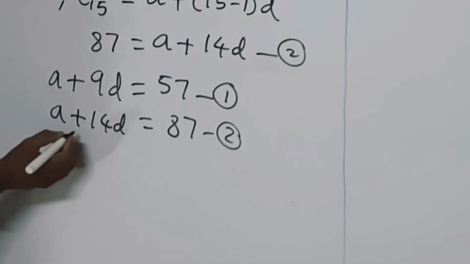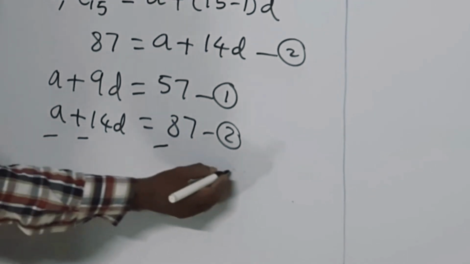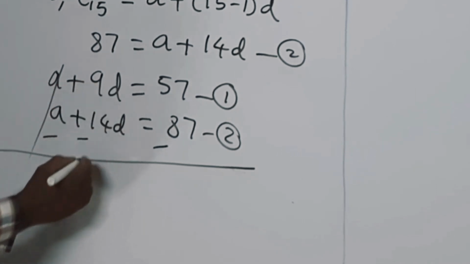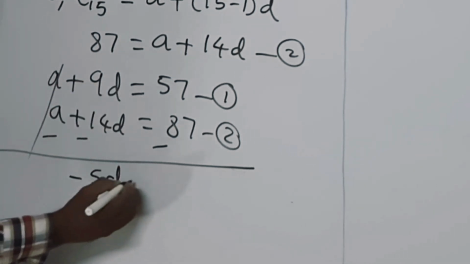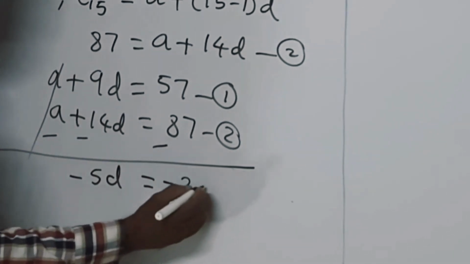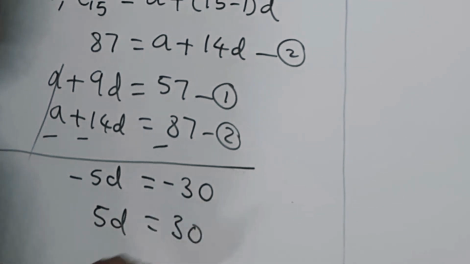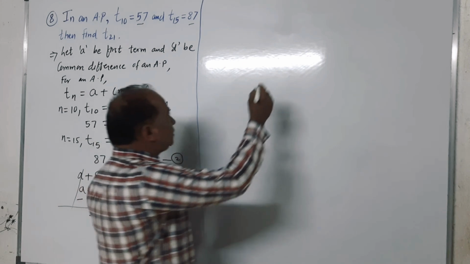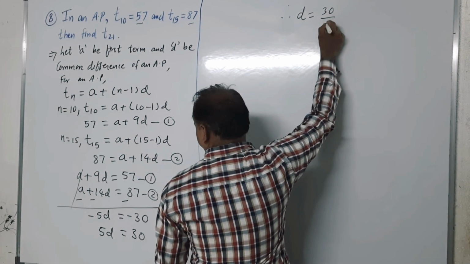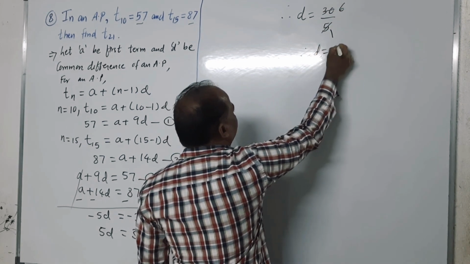Solving these two equations simultaneously, we subtract. a minus a gets cancelled. 9d minus 14d is equal to minus 5d, which is equal to 57 minus 87, which is minus 30. So 5d is equal to 30. Therefore d is equal to 30 divided by 5, which is 6.